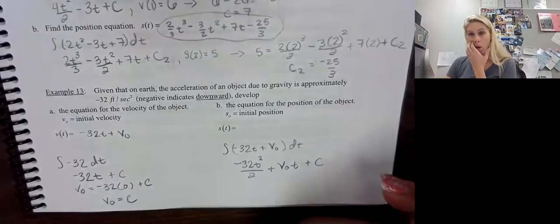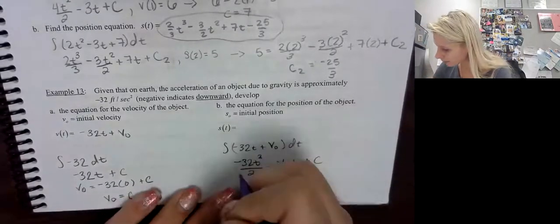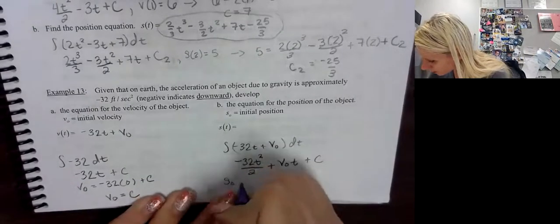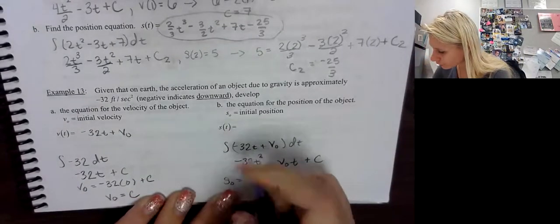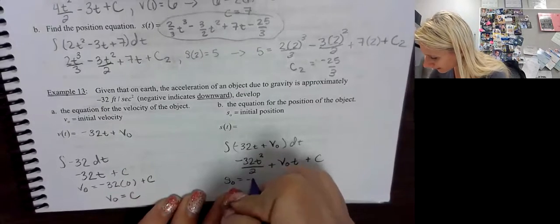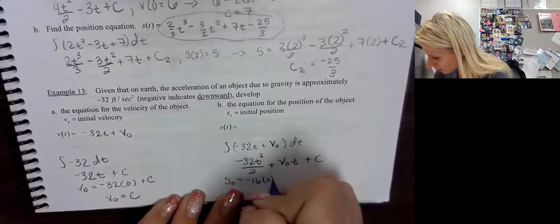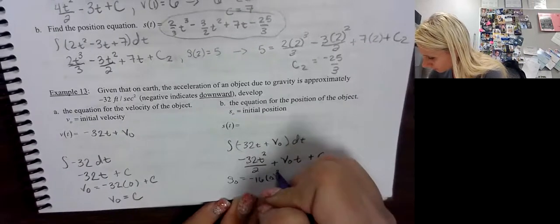And again, when t is 0, we get s sub 0. So negative 32 divided by 2, guys, is negative 16. Again, this is initial, so we have t equals 0.